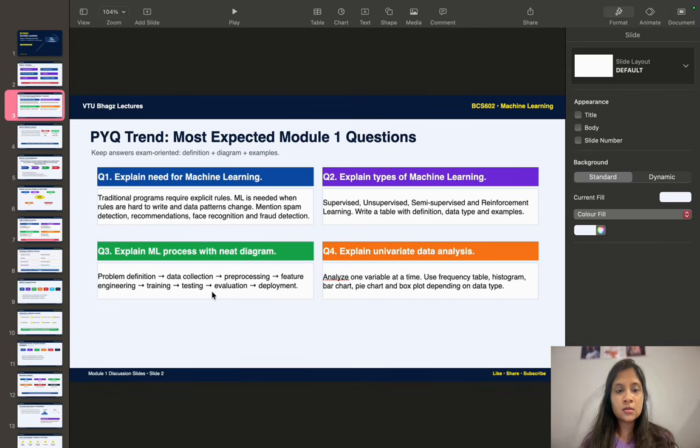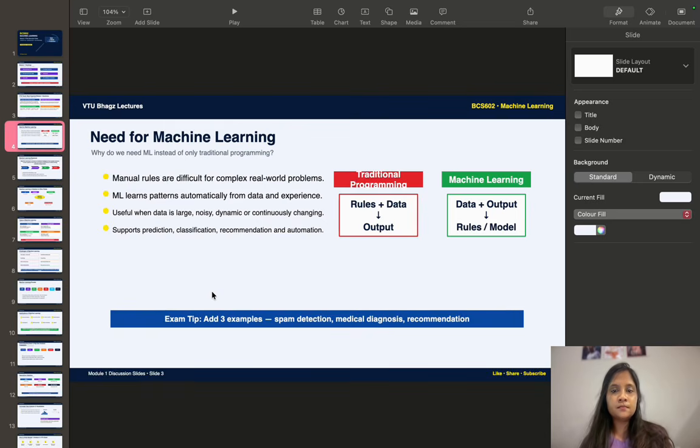For this, you can include the analysis of one variable at a time. Use frequency table, histogram, bar chart, pie chart, and box plot depending on the data type. These are the important, highly prioritized ones.